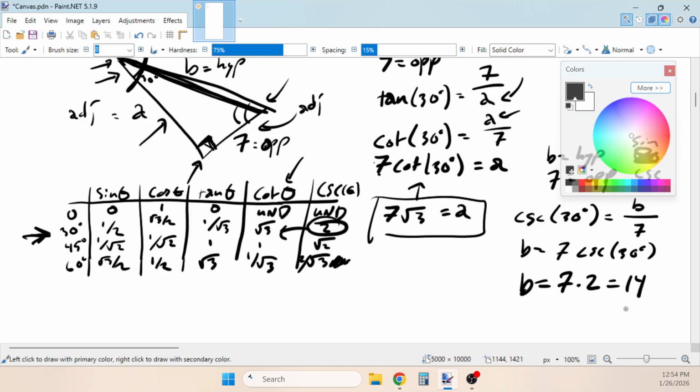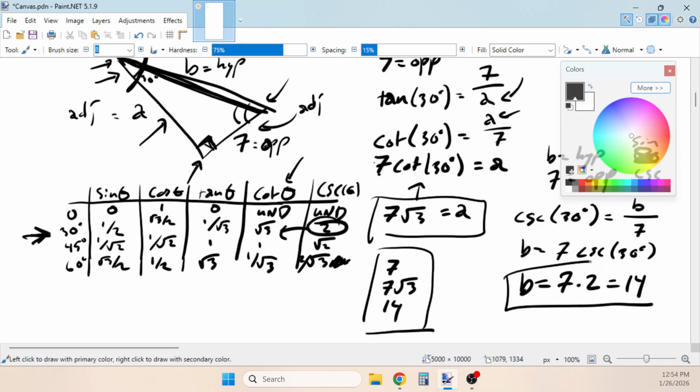How we know we have a side that's 7, a side that's 17, a side that's 14. Okay. Another one.